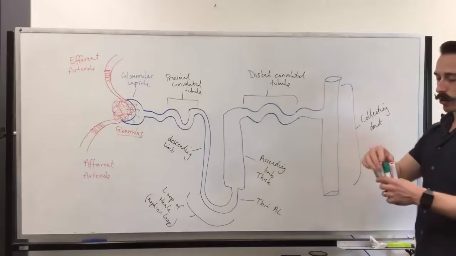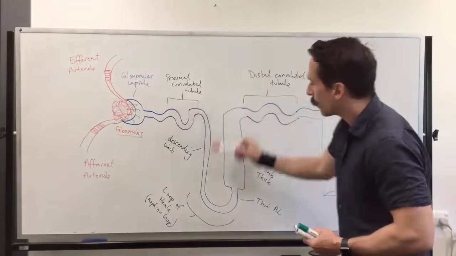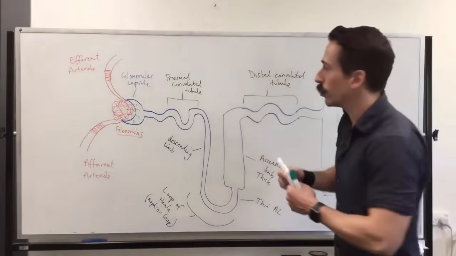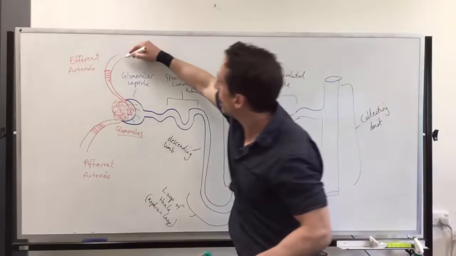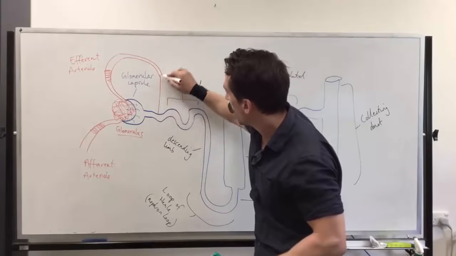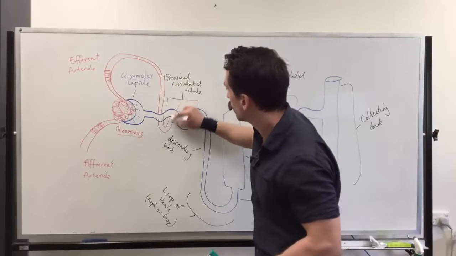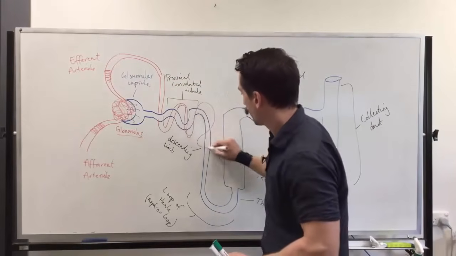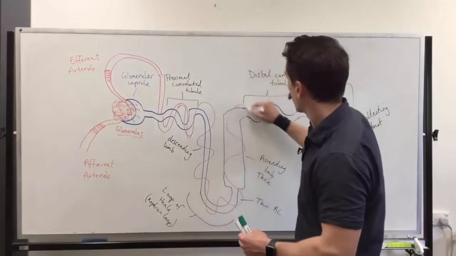Last thing I want to talk about is the capillaries that wrap itself around the tubules. These capillaries come from the nephron arteriole. And like I said, they begin to wrap themselves around the nephron.